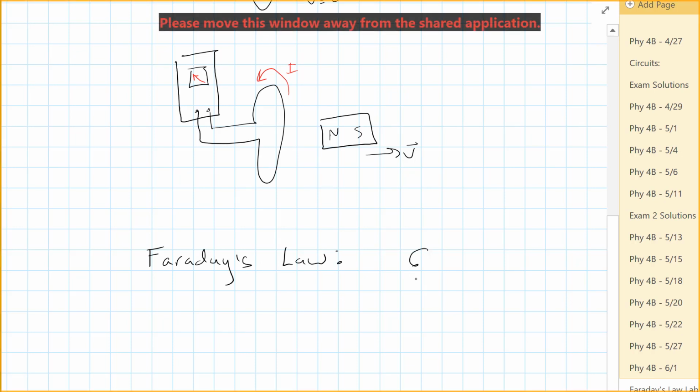The induced EMF is equal to negative the change in magnetic flux with respect to time. That's for a single loop of wire.